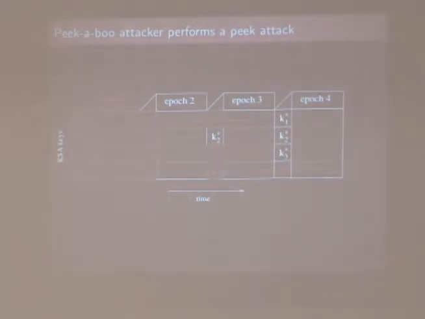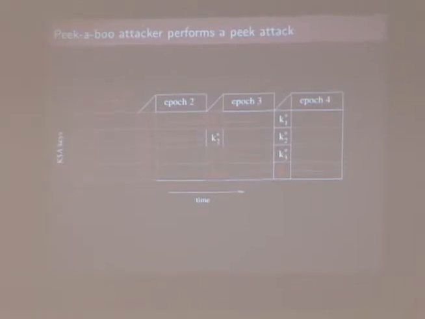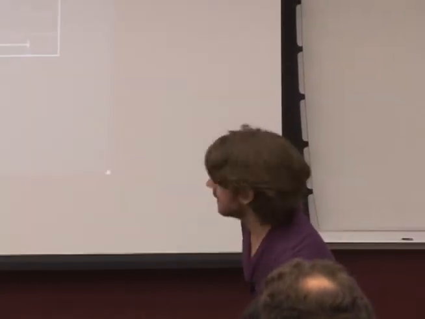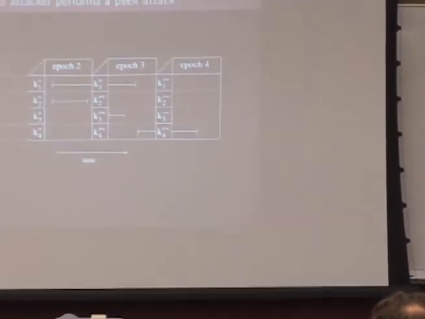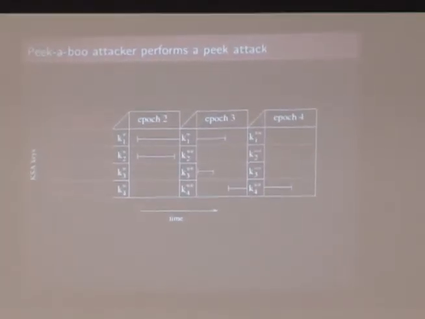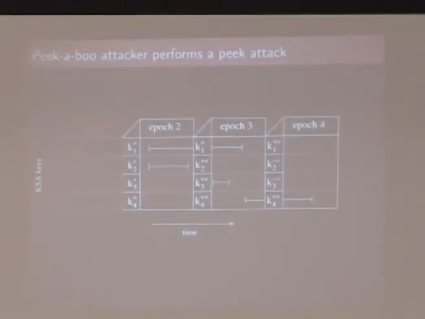This is what makes it so devastating if we don't update these unused values, because if an adversary were to read them, they would know that every single one of these keys would eventually be used to encrypt important data. So we do it with replacement, so that if the peek attack occurs, they only learn what they can compromise in this particular epoch. If it's outside of the data's lifetime, they won't be able to compromise the data.